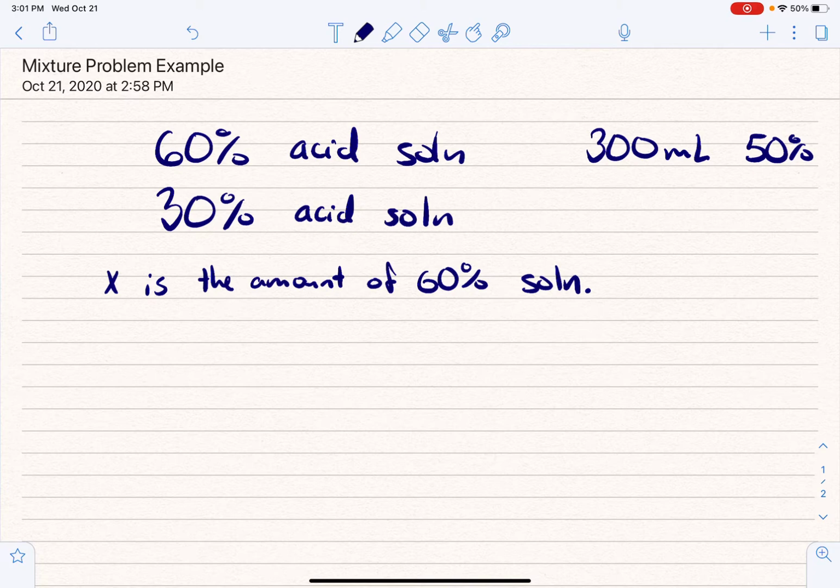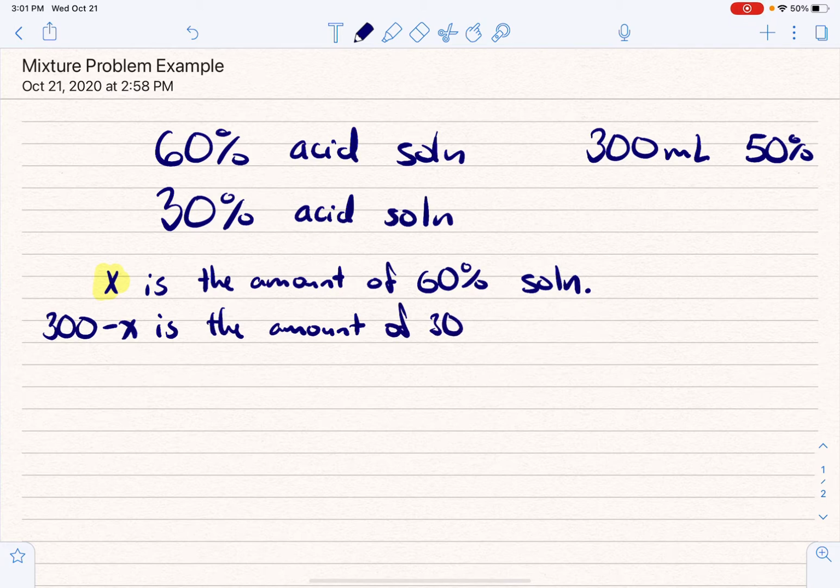How did we get that? We took 3 from 10. Same thing here: if x is how much there is of the 60%, then 300 minus x is the amount of the 30% solution, because we took the total and subtracted the one we knew.